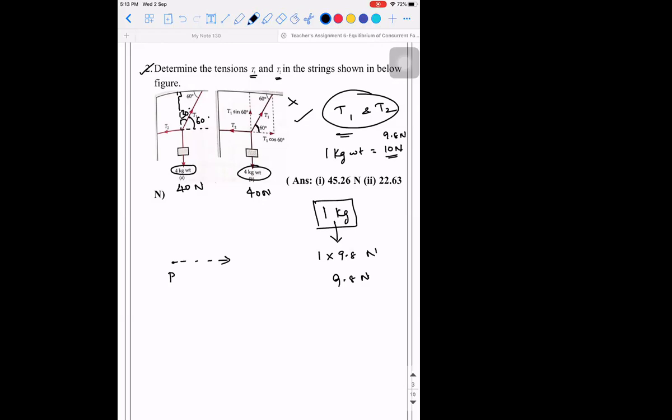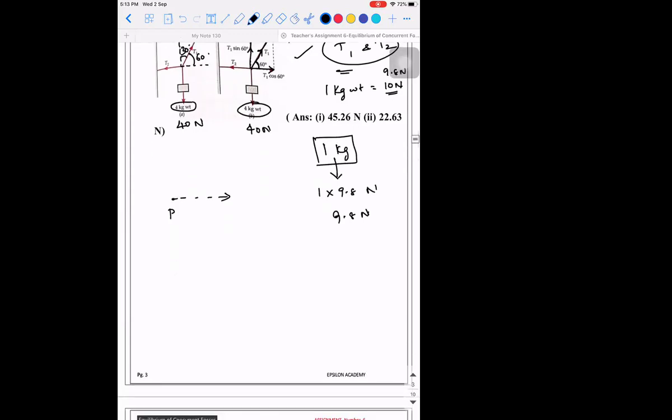Right. Now this T1 is resolved into 2 components: T1 cos 60 and T1 sin 60. This part will not be given in the exam. Okay, this part you have to do it. So what is the horizontal force acting on the particle P in the right side direction?